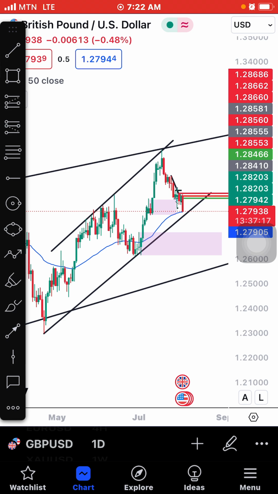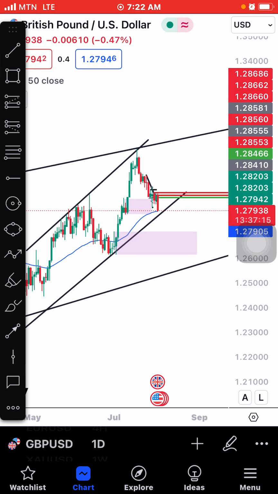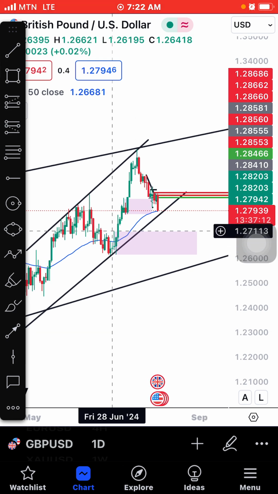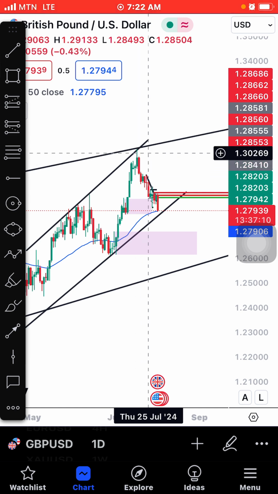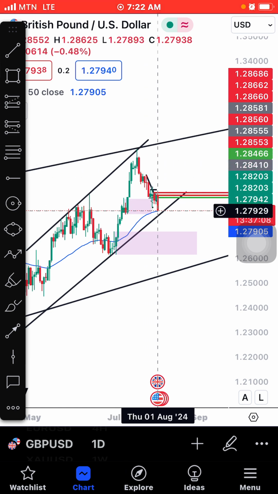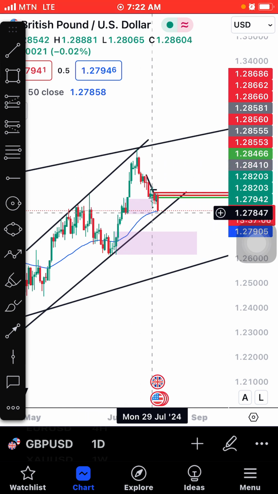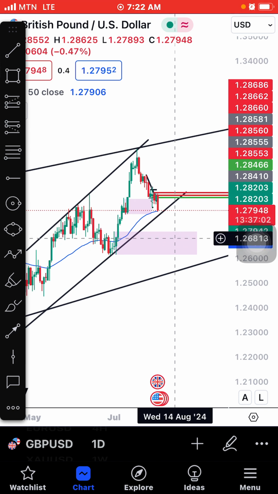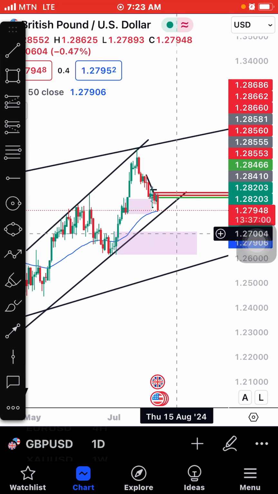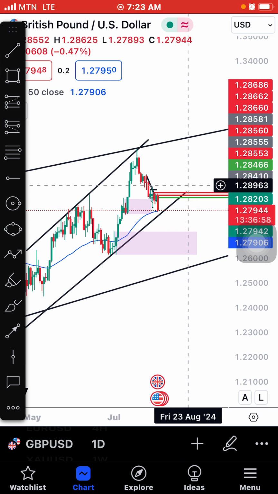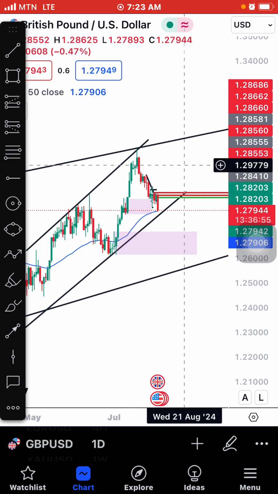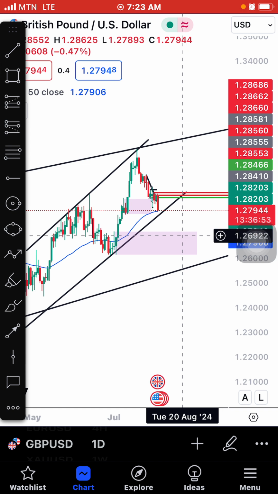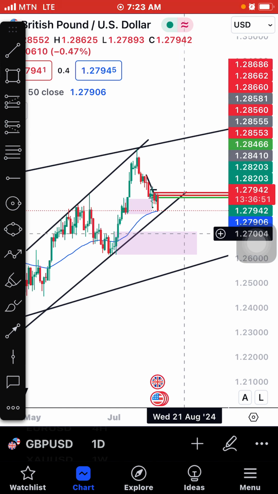This is the demand area which started the whole move to create this high. So I'm expecting price to even break this. This 50 EMA may hold price a little, but eventually I'm expecting price to pull back down here, where we may have some significant move up, probably break this high, but this is where I think a significant move can take place.